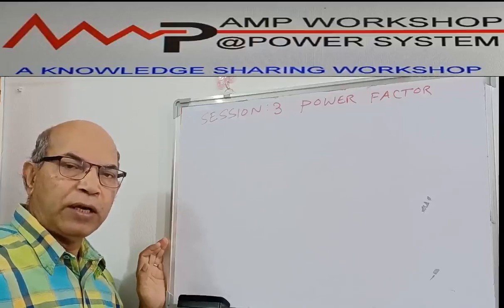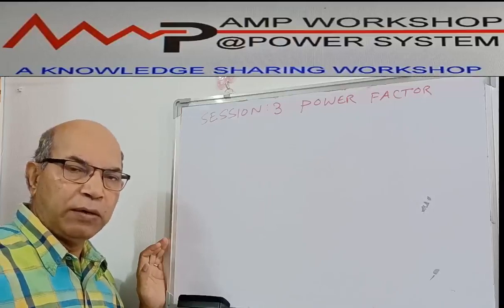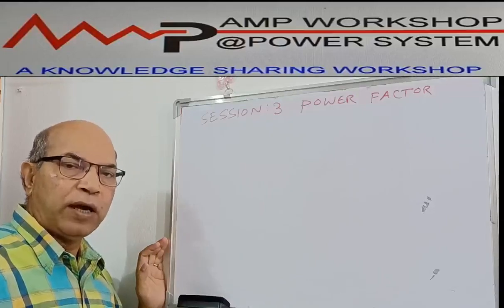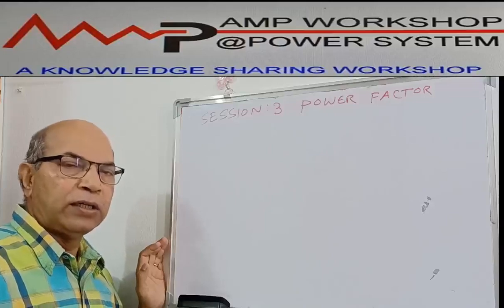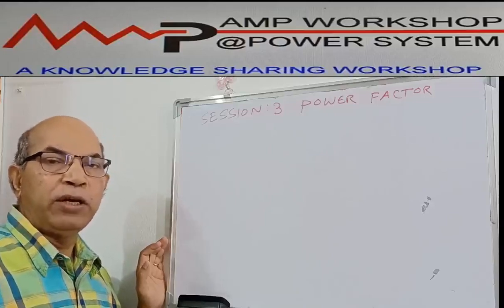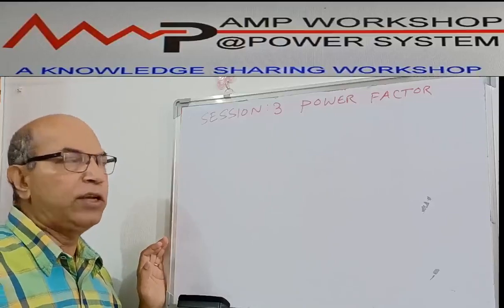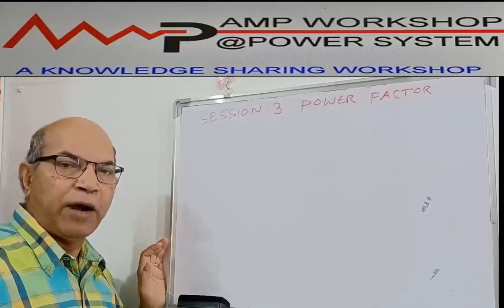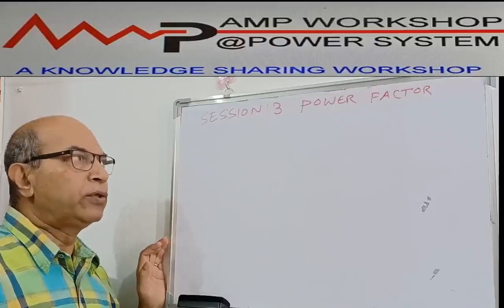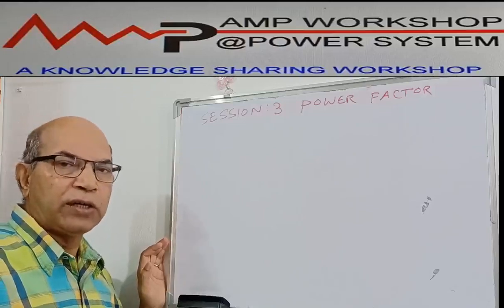So if we can utilize most of the power flowing through the circuit, if we can increase the utilization factor, then automatically the carbon footprint will be reduced. So it has another important impact from the environmental point of view. Considering all these points, we'll discuss this in detail.